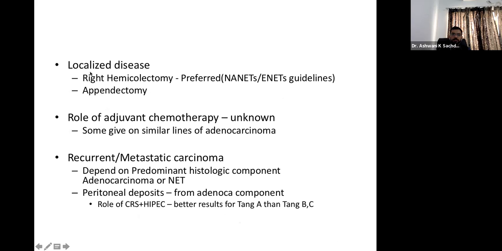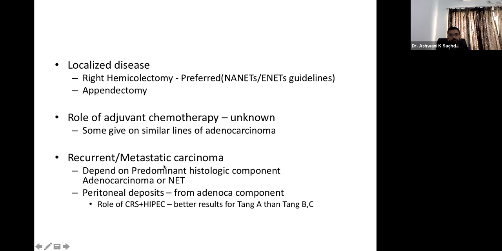So for localized disease, right hemicolectomy is preferred according to the American and European neuroendocrine tumor guidelines. Appendicectomy has also been shown to be effective in localized disease by some studies, but preferred is right hemicolectomy. The role of adjuvant chemotherapy is unknown, but some give it along similar lines to adenocarcinoma, like CAPOX and FOLFOX.